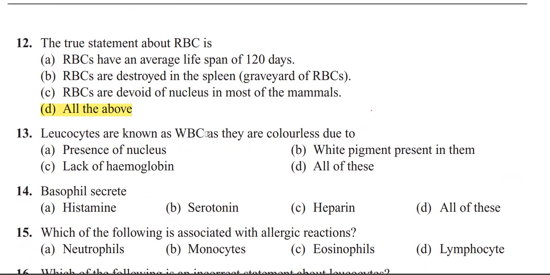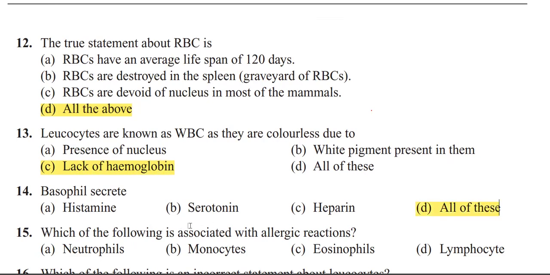Leukocytes are known as WBCs as they are colorless due to presence of nucleus, white pigment present in them, lack of hemoglobin, all of these. Lack of hemoglobin. Basophils secrete histamine, serotonin, heparin, all of these. All of these.